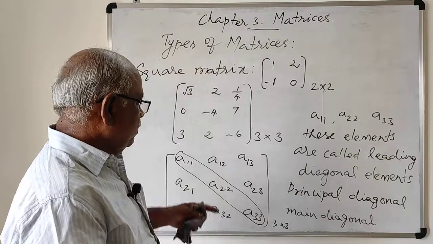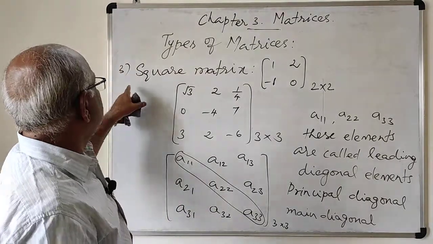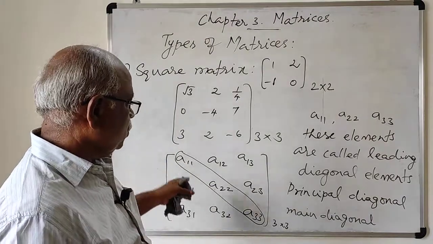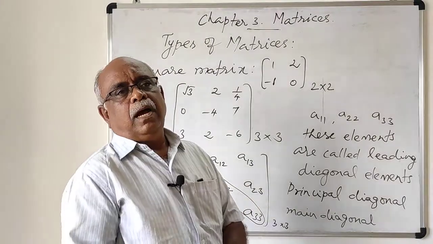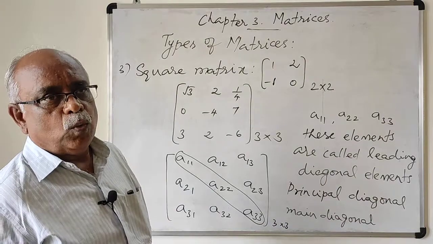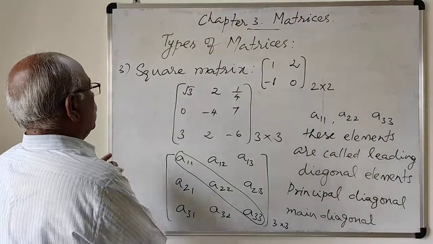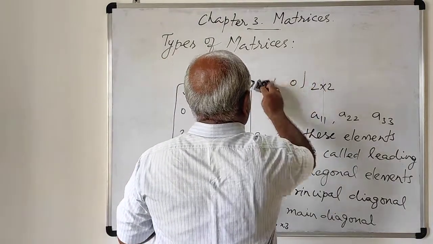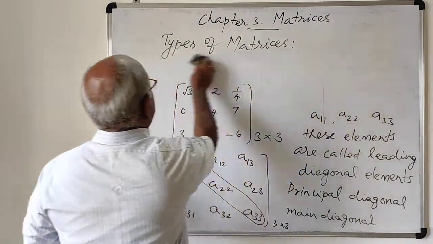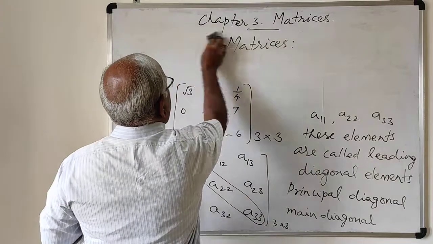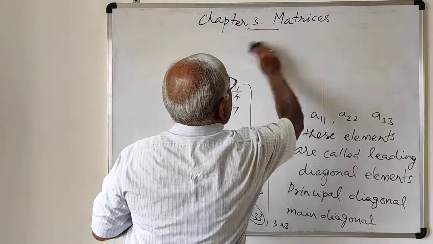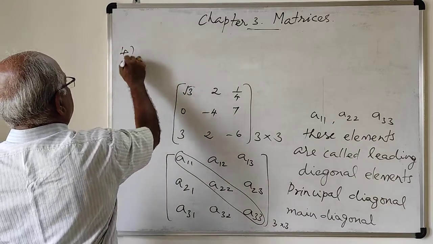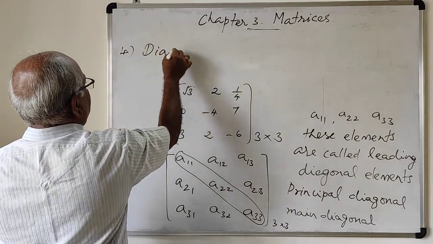So, why I am explaining this is, next our idea is the diagonal matrix. So I am going to explain what is a diagonal, and then I am going to give what is a diagonal matrix. Fourth type is diagonal matrix.